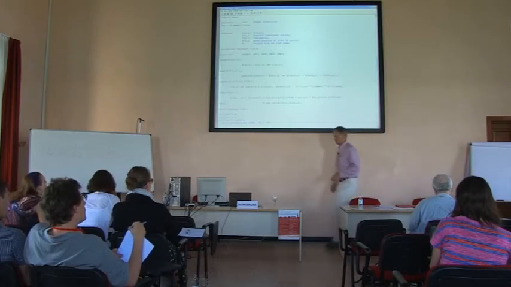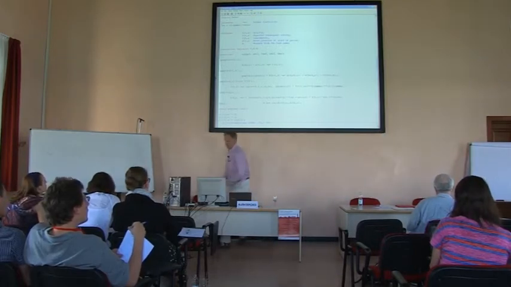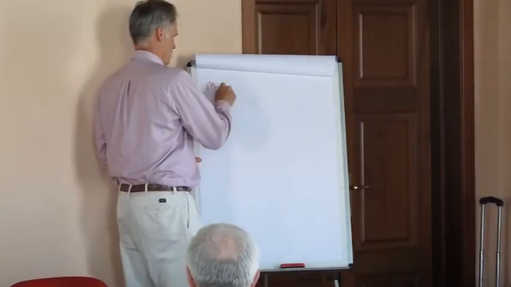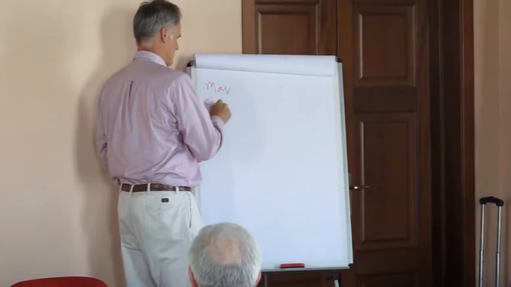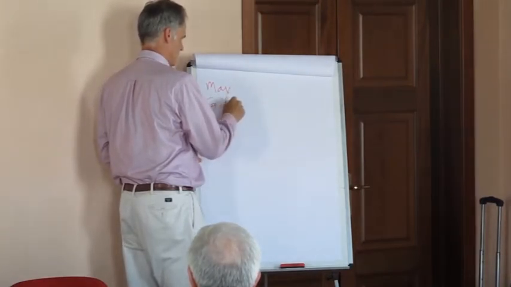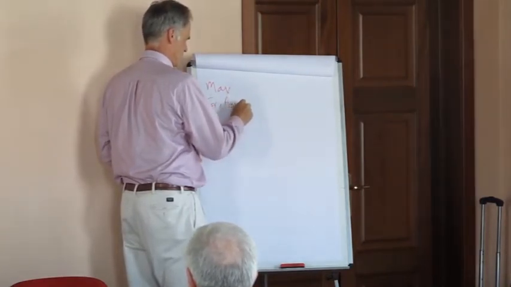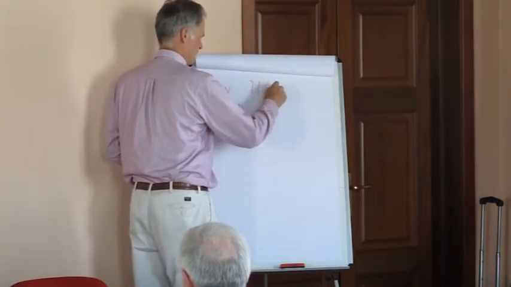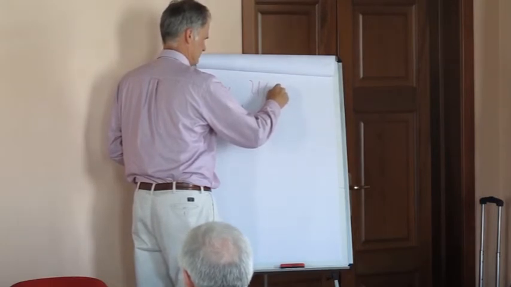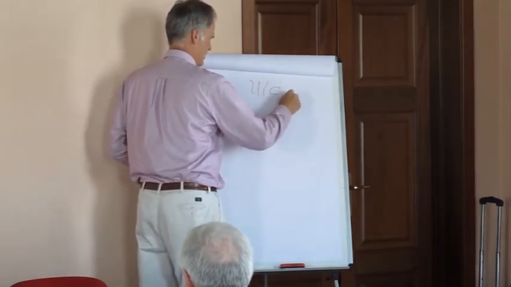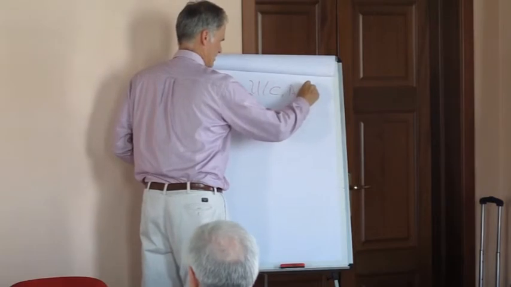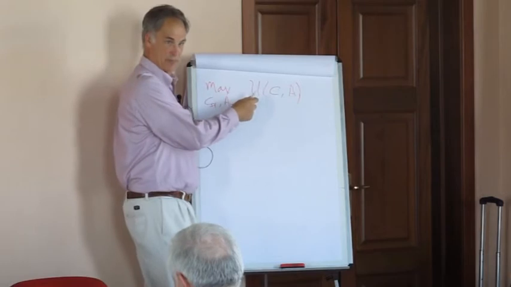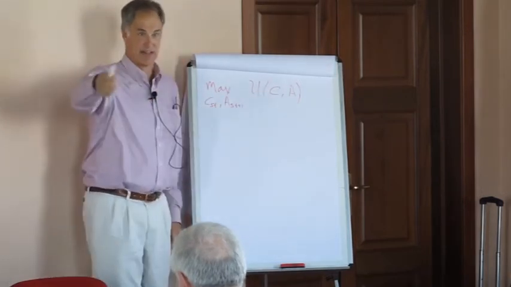So I think the theory position would say, I'm going to maximize over C sub st and A sub st plus 1, U of C, A. So you're basically saying, I want to choose to maximize current consumption and how many assets I leave to the next period.